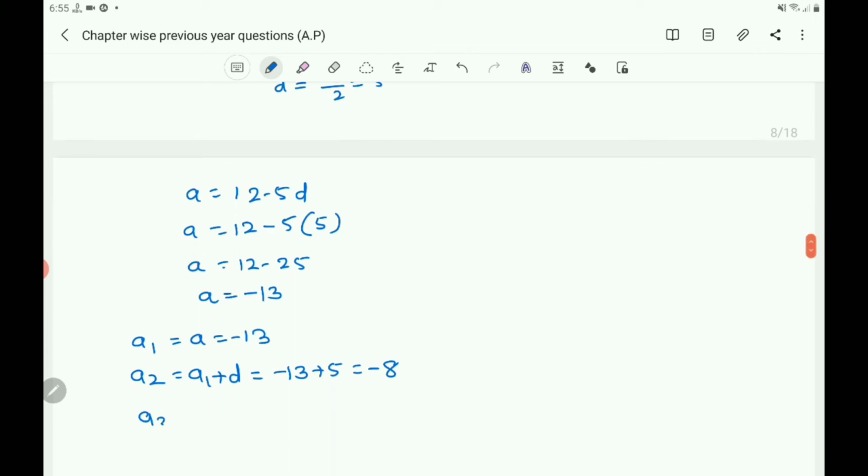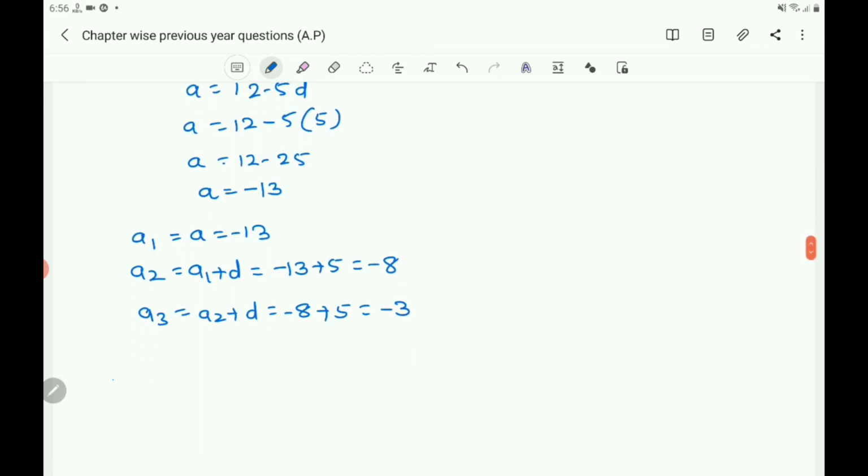Then a3 = a2 + d, that is −8 + 5, which is −3. The first 3 terms are −13, −8, −3.